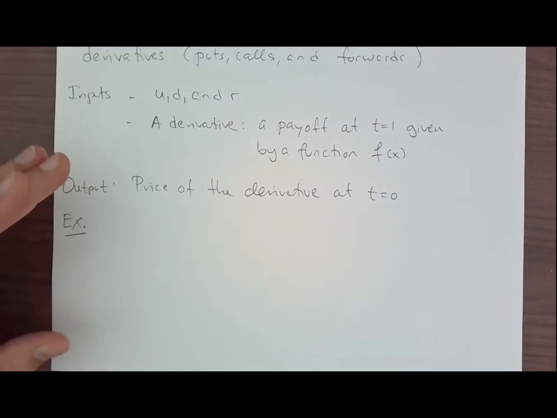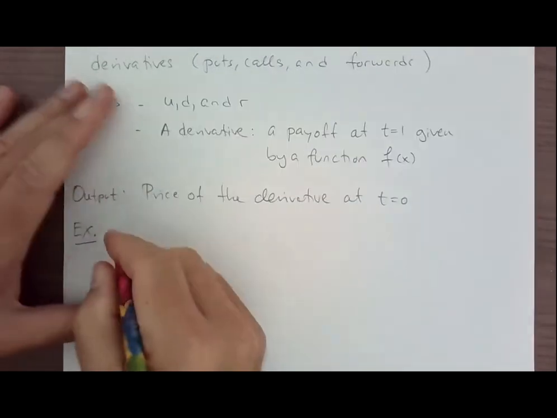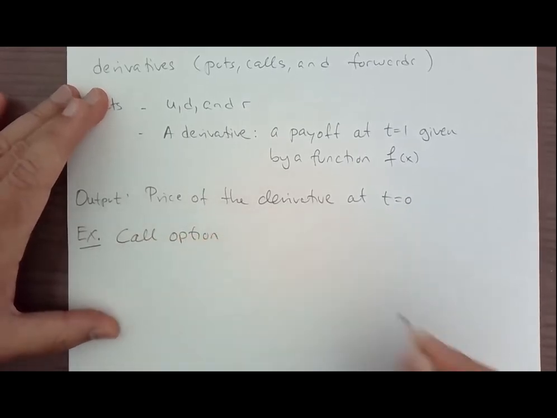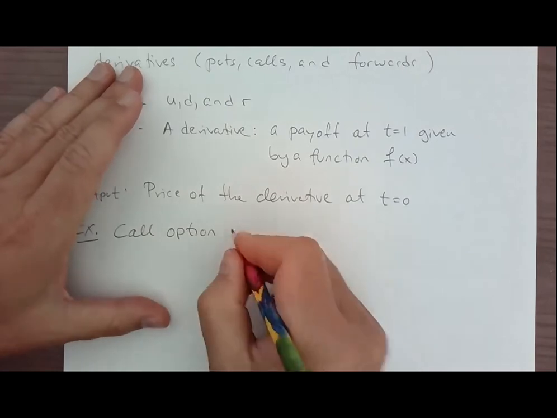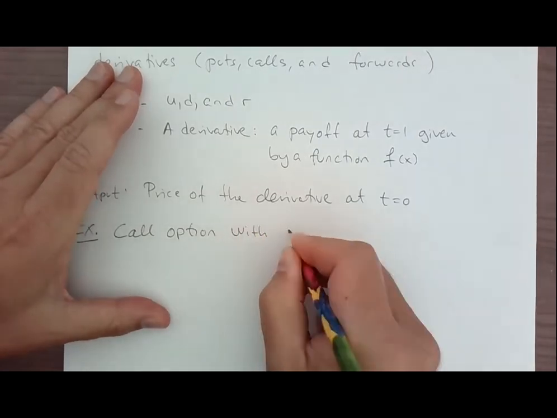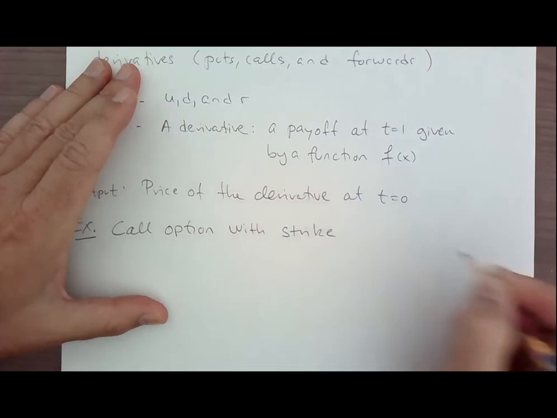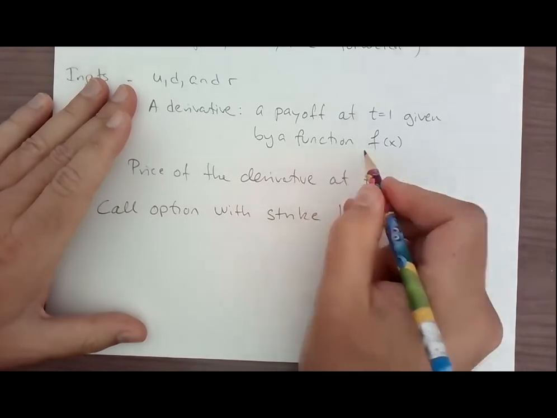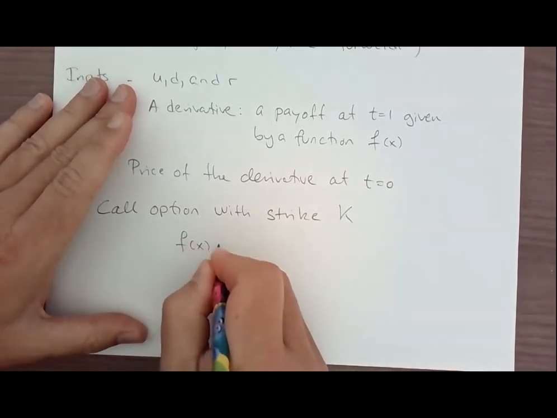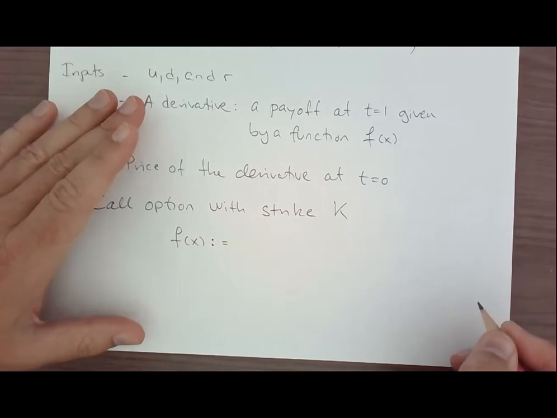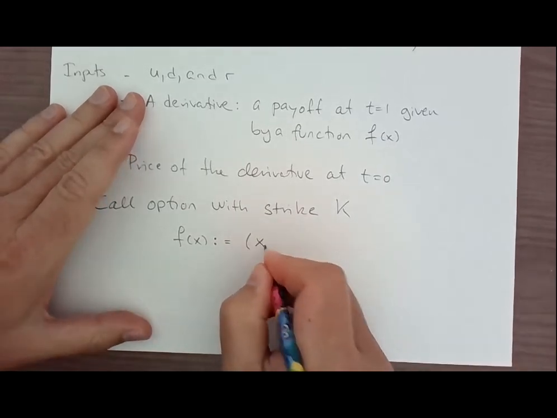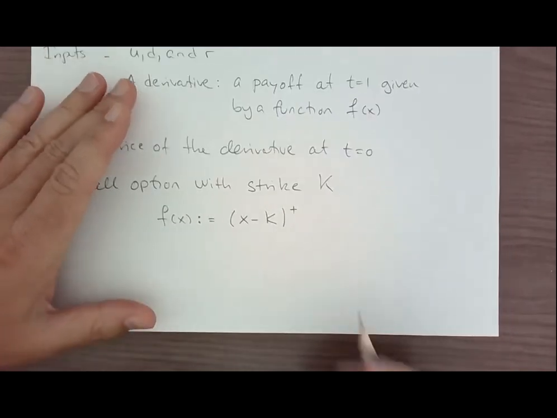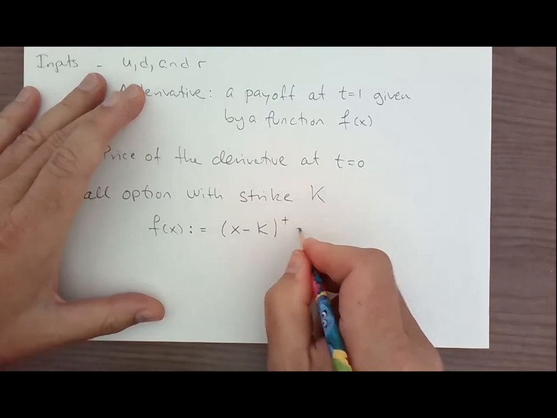The call option with strike k has the payoff function f of x defined as x minus k, positive part. So if you've never seen this plus up here before, let me write out what it means.